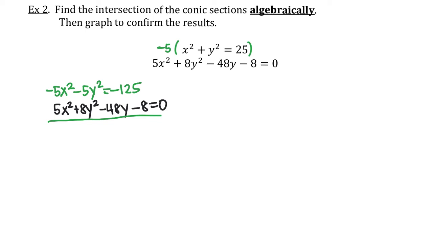Okay, the x squareds cancel. I get 3y squared. Okay, let me put this in standard form. Okay, and then I'll add the 125 over to the left side.